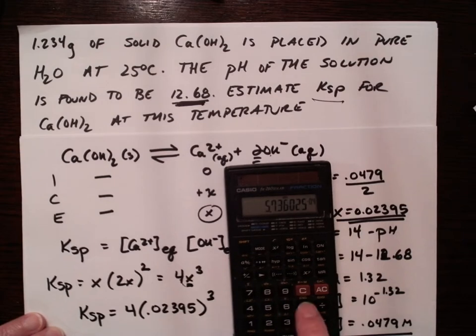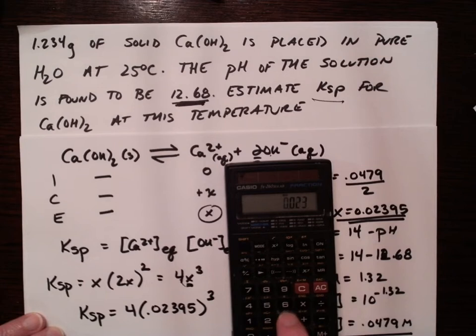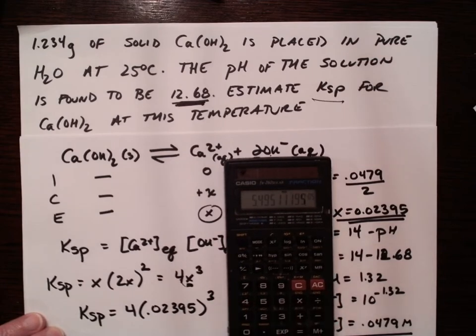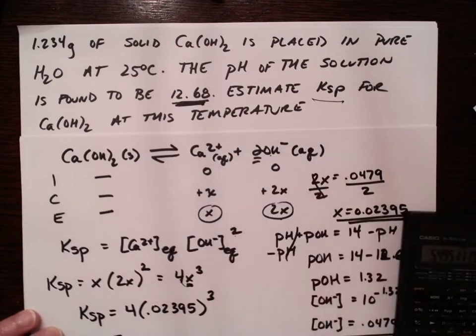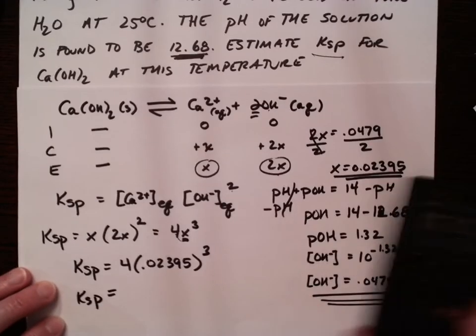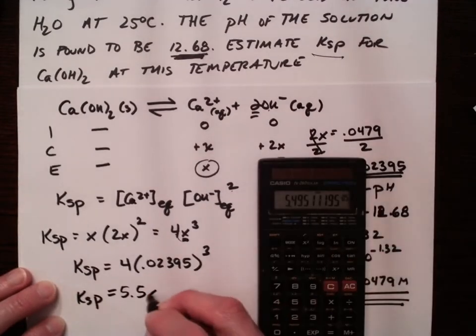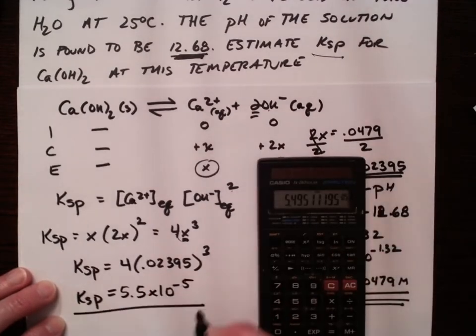Let's do it one more time. 0.02395. Now we'll multiply that by 4, and we get KSP is going to be equal to 5.5 times 10 to the negative 5th.